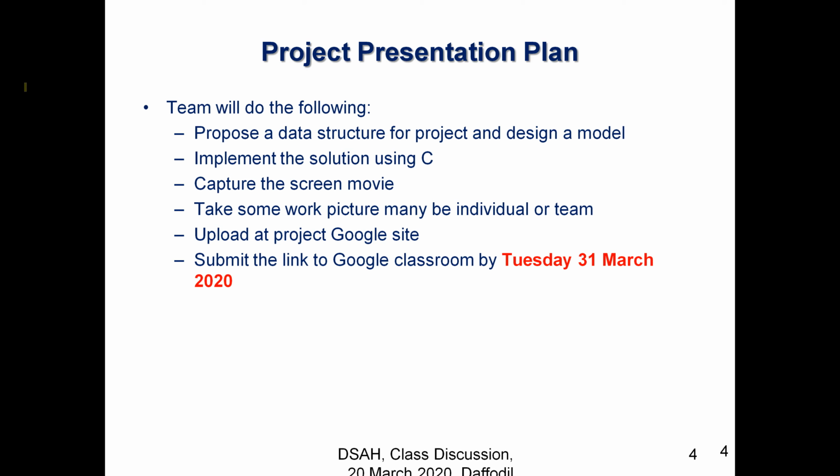You implement that project using C. You capture your operational screen capture movie, and also take some pictures, maybe individual, maybe in a team, or maybe in a virtual setting, and then upload everything in your Google site. Once the Google site is updated, you submit the link. The deadline is Tuesday, 31st March 2020.